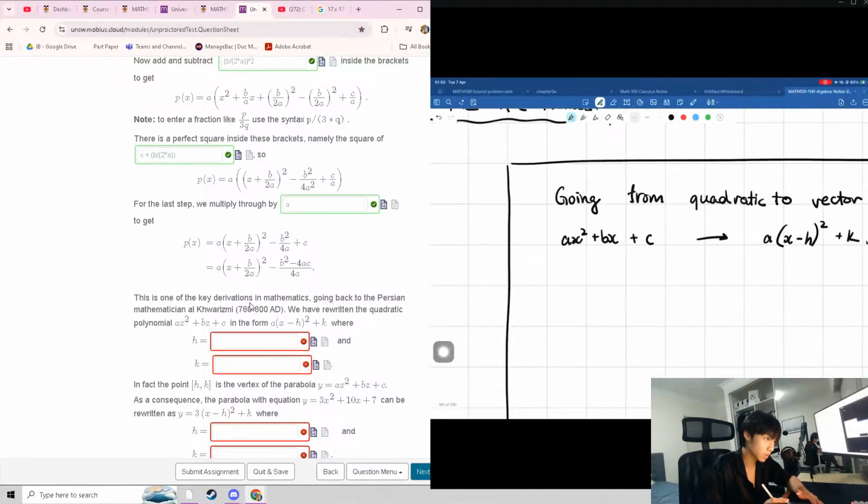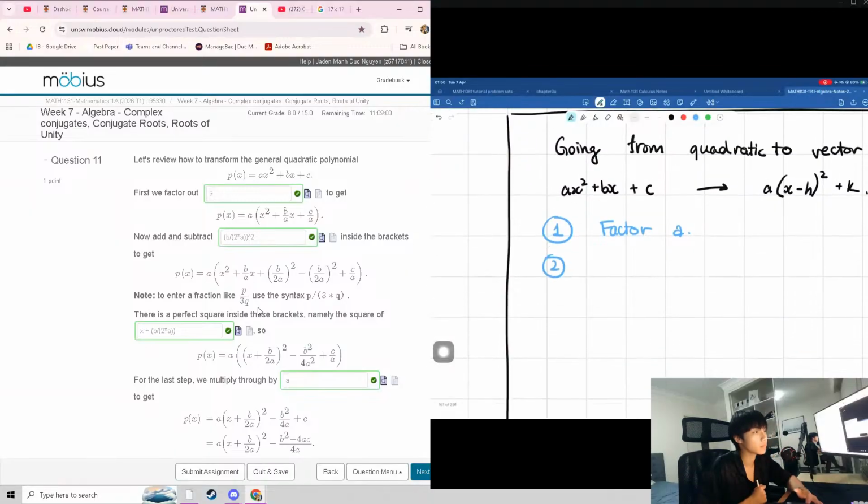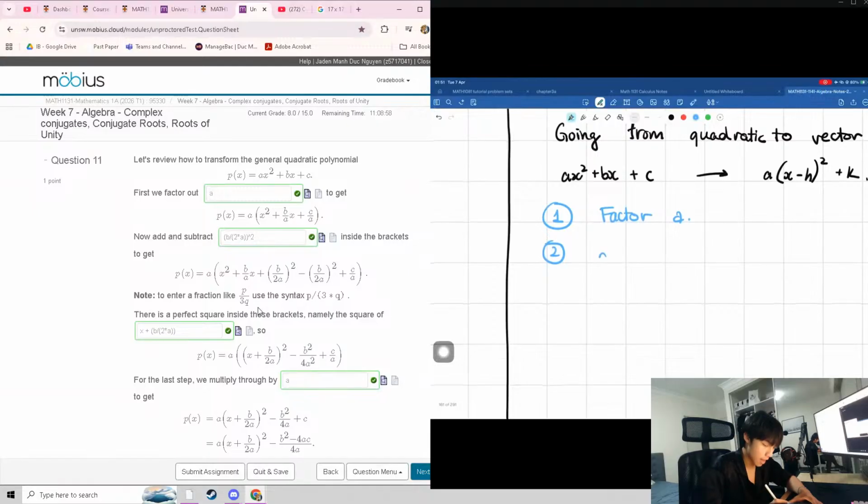And so what we're going to do is factor a. Add and subtract b over 2a squared.